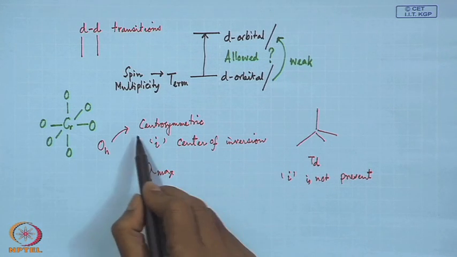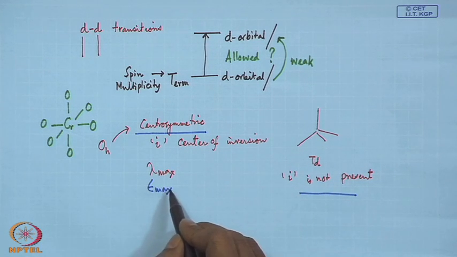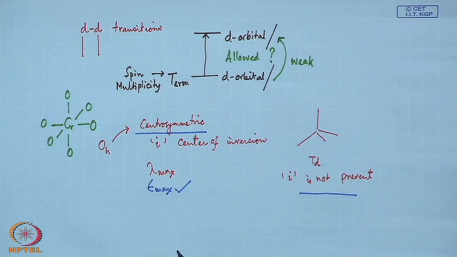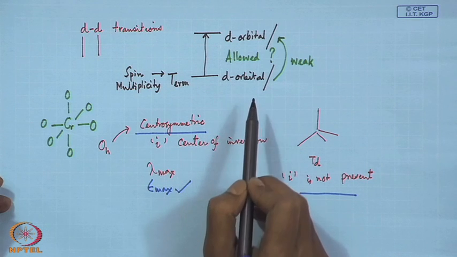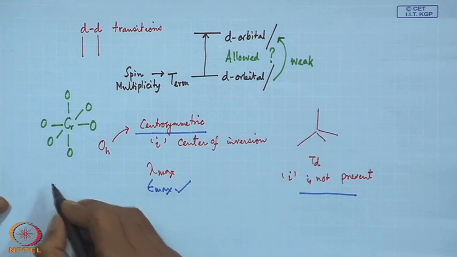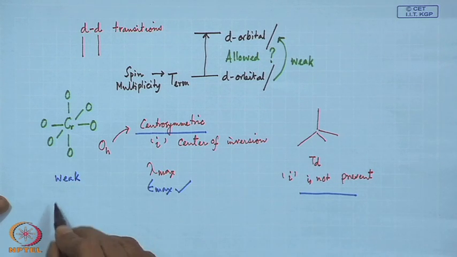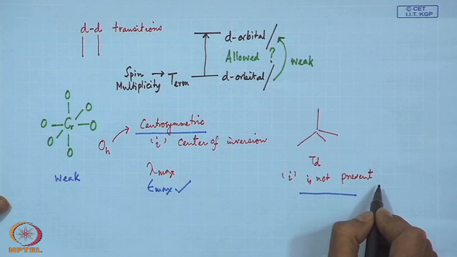So, whether we are handling a centrosymmetric molecule or a non-centrosymmetric molecule, that lambda max as well as the epsilon max can nicely tell us whether we have the allowed d-d transitions or partially allowed d-d transitions. In some cases we have a little weak transition, in some cases a little stronger transition can be present where inversion center is not present.